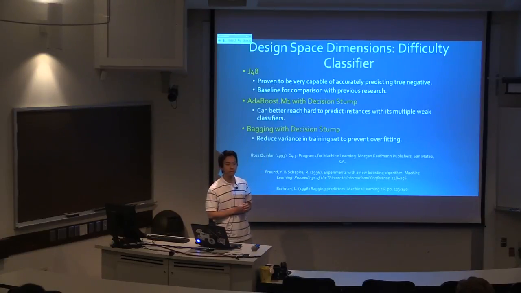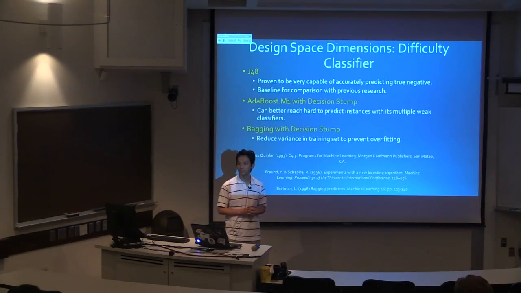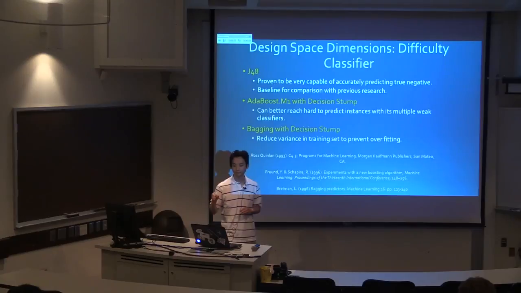The current research also introduces 2 other classifiers: AdaBoost.M1 with decision stump, which is great at predicting hard to reach instances by training an ensemble of classifiers each on the instances that the previous one missed. And then there's also bagging, which also has its own ensemble of classifiers, but it mainly reduces variance in the training sample.